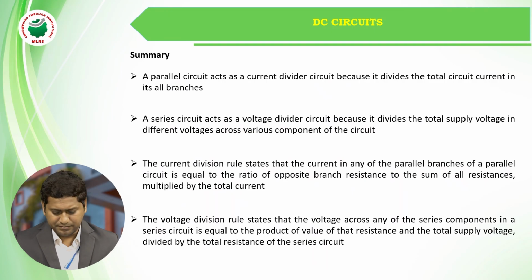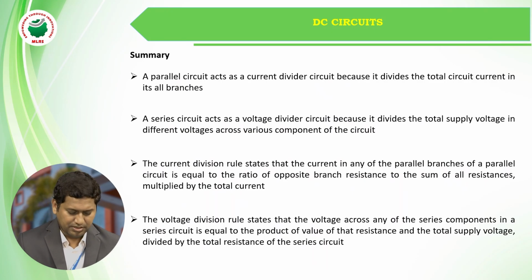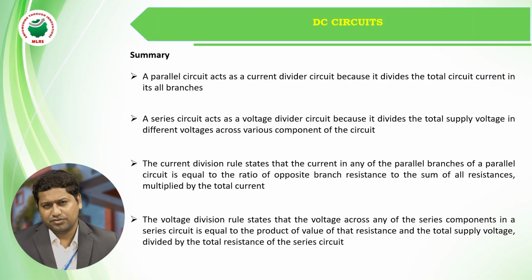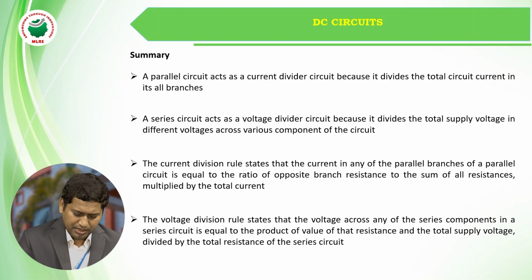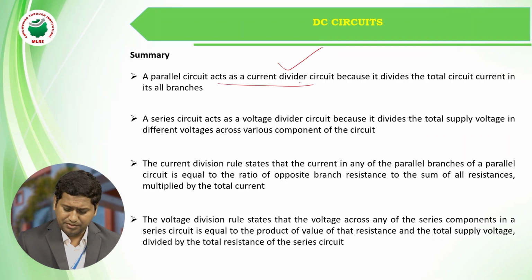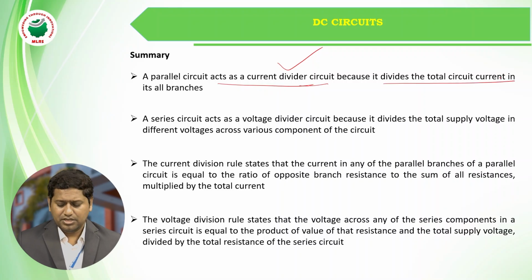The summary, the concluding points for the voltage division rule and current division rule. A parallel circuit acts as a current divider circuit, whereas it divides the total circuit current among all its branches.